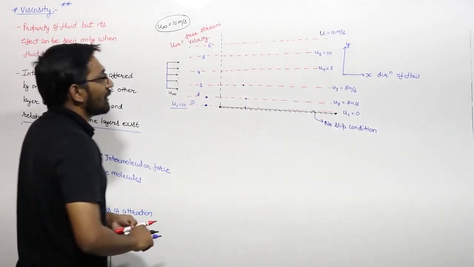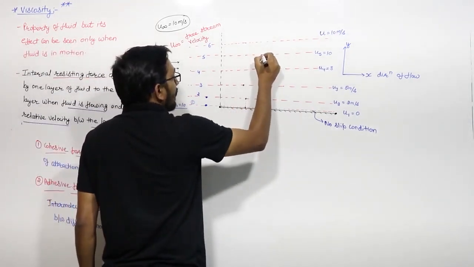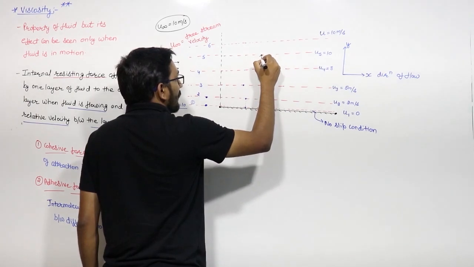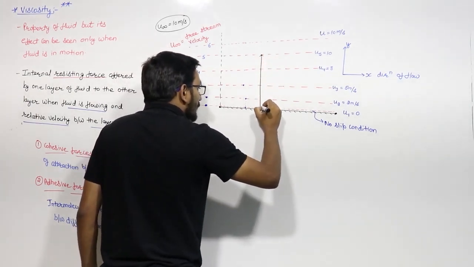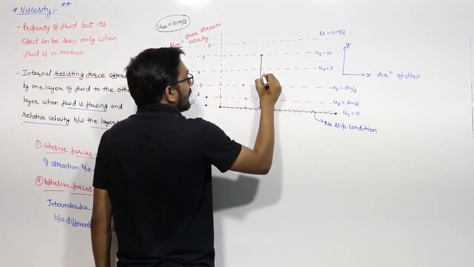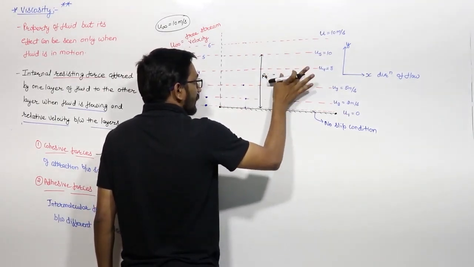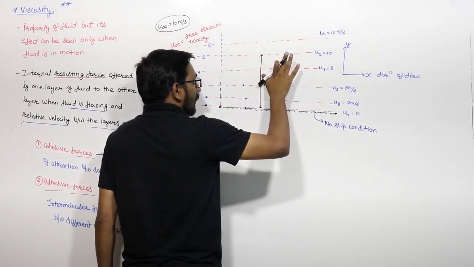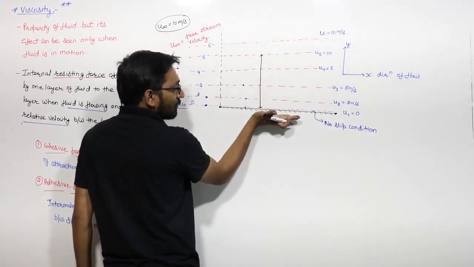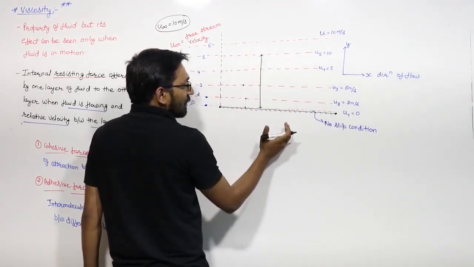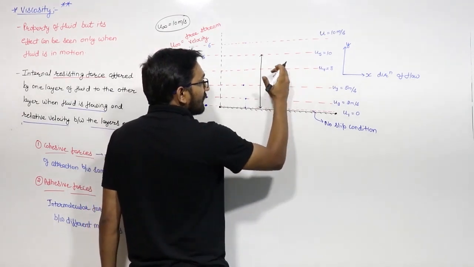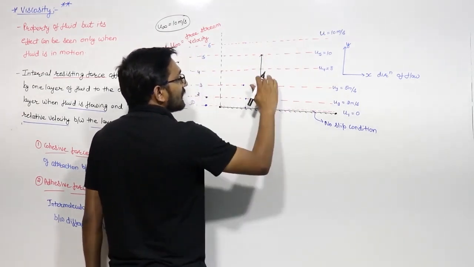So we can say that in this region from layer 5 to layer 1, there are relative velocities. If I go from layer 1 to layer 5, we will see that at each and every layer the velocity is increasing.